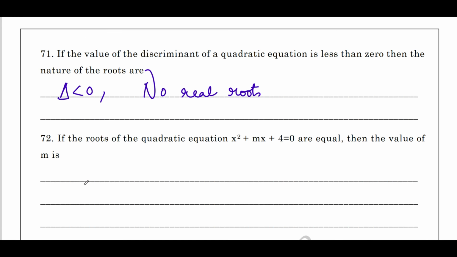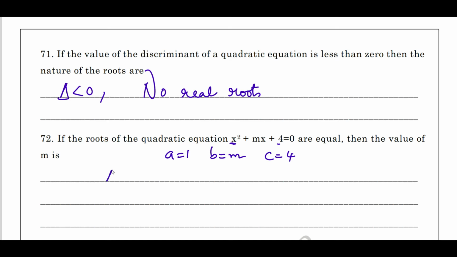The next question: if the roots of the quadratic equation x square plus mx plus 4 equals 0 are equal, then the value of m is, that is a equals 1, b equals m, c equals 4. A equals 1 is the coefficient of x square, b equals m is the coefficient of x, c equals 4. If the roots are equal, that means delta equals 0, that is b square minus 4ac equals 0.